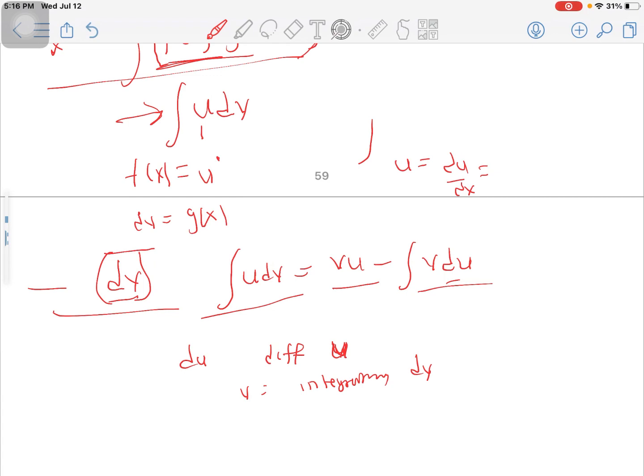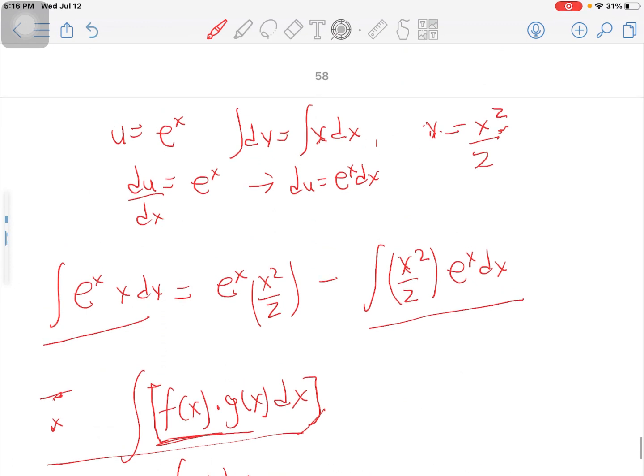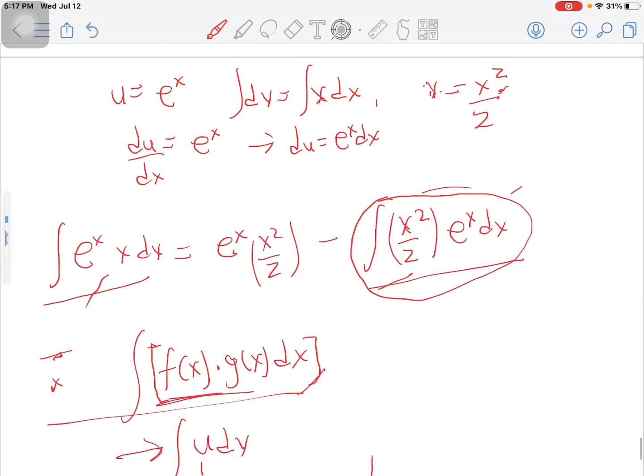If your resulting integral is more complicated, as we saw earlier, where this additional separate integral was even more complex than whatever was given to us earlier on, this means that we should make some other choices for our dv and our u.